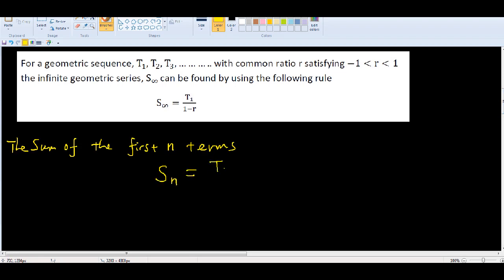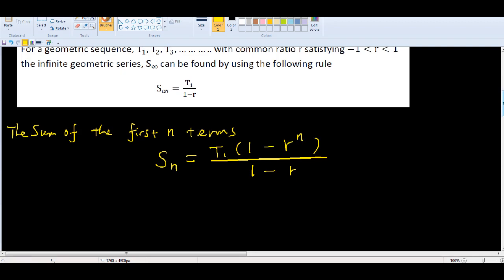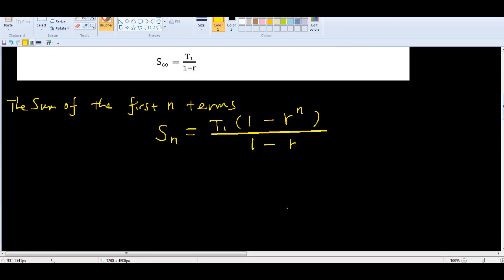If you still remember, the formula is like this. Of course you could write r to the power n minus 1, but if you do that, your denominator must be r minus 1. If I use 1 minus r to the power n, in the denominator I write 1 minus r. So what happens here?